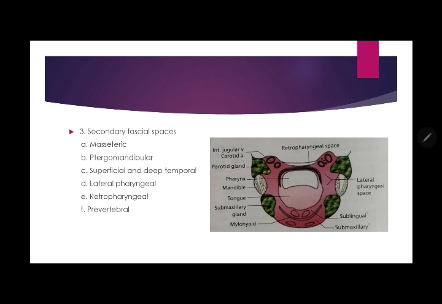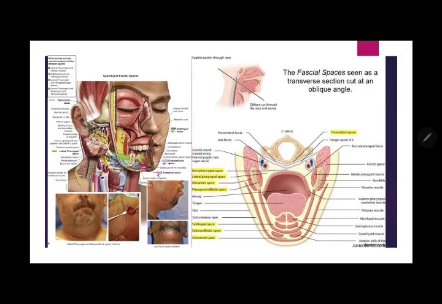Next is the secondary facial spaces, that include the masticatory space, pterygomandibular space, superficial and deep temporal space, lateral pharyngeal space, retropharyngeal space, and prevertebral space. This is a picture showing the location of different facial spaces.